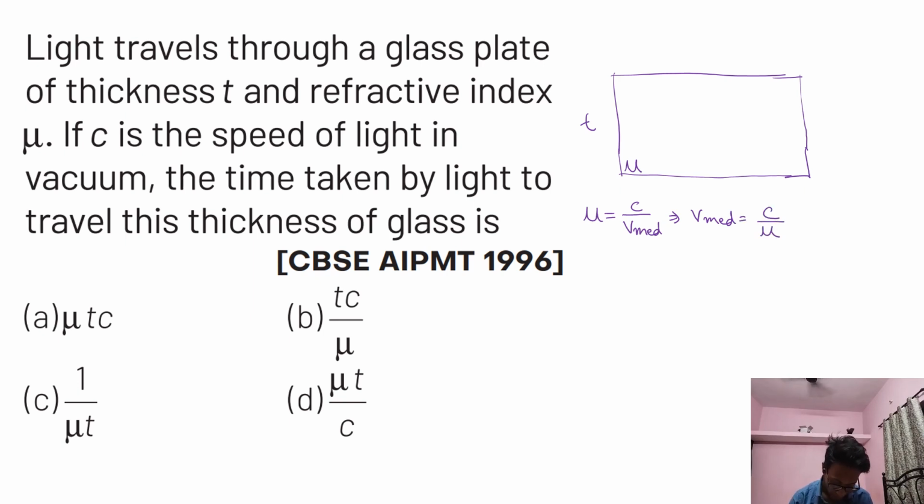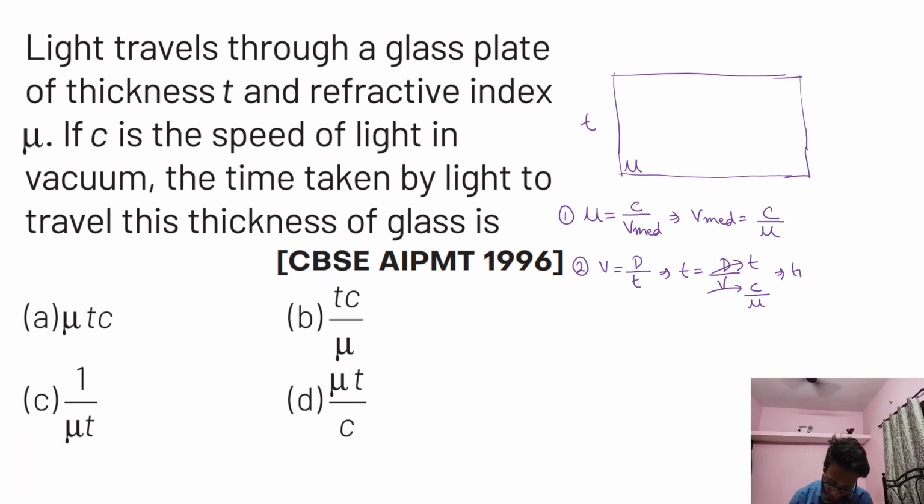Now to cover the thickness T, how much time did the light take? Velocity is equal to distance by time, or time is equal to distance by velocity. The distance is T, and the velocity is nothing but the speed of light divided by mu.